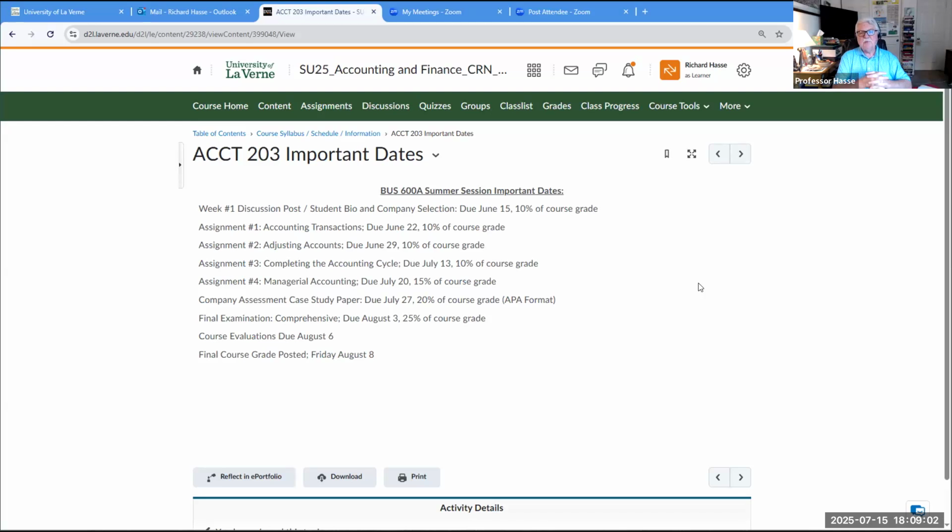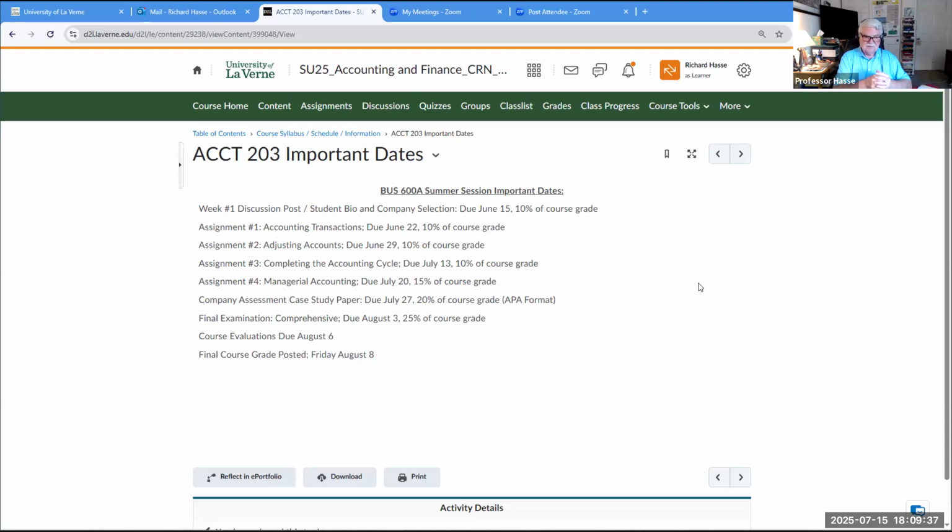So that means 60% of your grade is still to be determined over the next 3 weeks. If you're on the A- or B level of the class, there's still plenty of time to get that grade average up. And if you have a solid A, which many of you do, you have to be careful. That A can go by quickly with 60% of the course remaining to be graded. So everybody should have an idea where you stand in this class and be ready for this final 60% over the next 3 weeks.